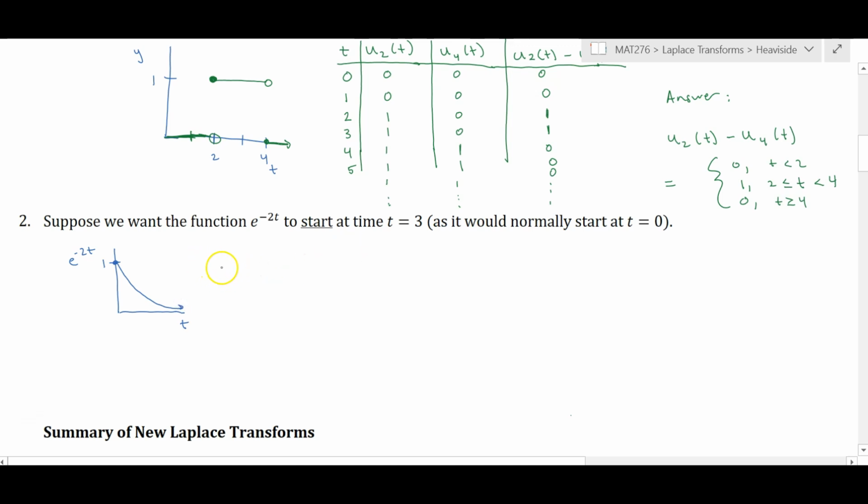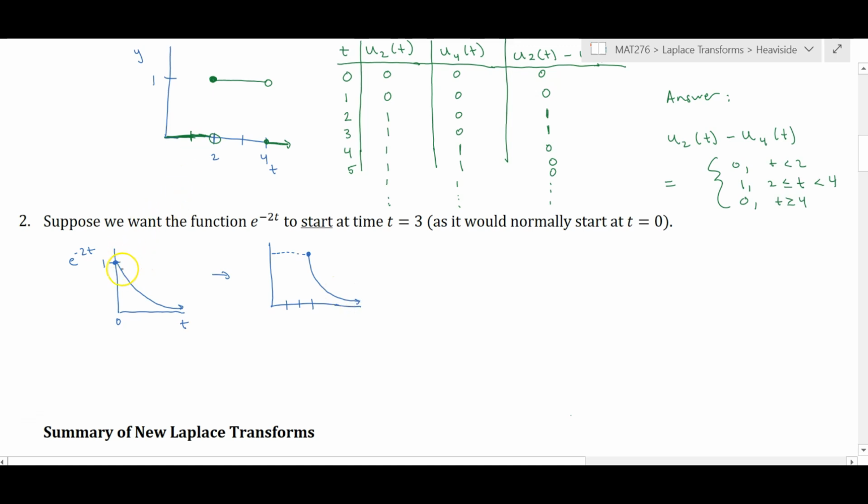But what I would like instead is where this graph begins at time 0, I want this to start at time 3. So imagine that we're shifting this point 3 units to the right, and that's where we want it to begin.